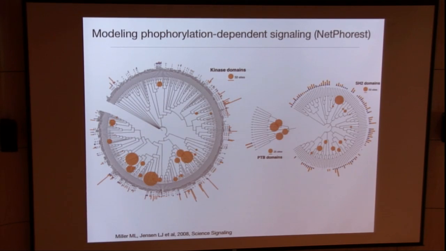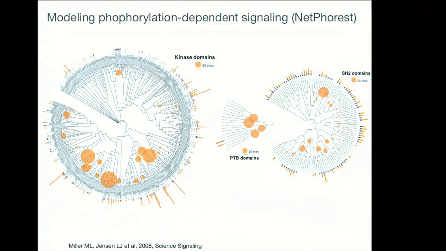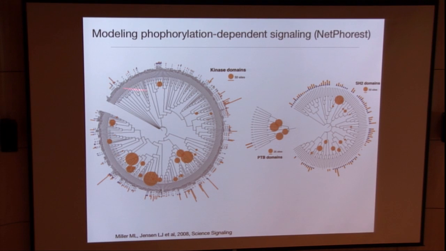So what we did was we first started to collect all the knowledge that was in databases and in the literature of kinase and substrate pairs. So these were individual experiments where people had shown a certain site had been phosphorylated by a specific kinase. And then we mapped this onto the 500 different kinases of the human genome here.